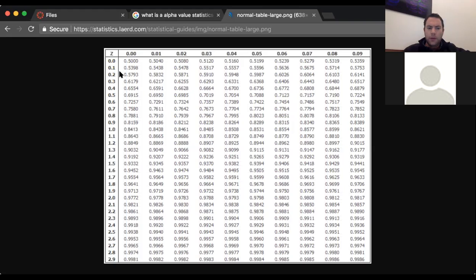So the way that this works is, you have your alpha values. So first you have your Z. Hold on one second.